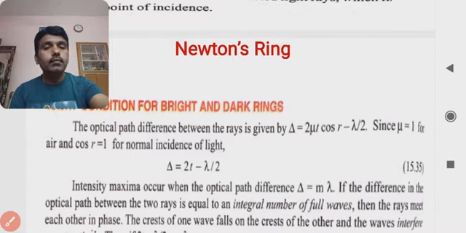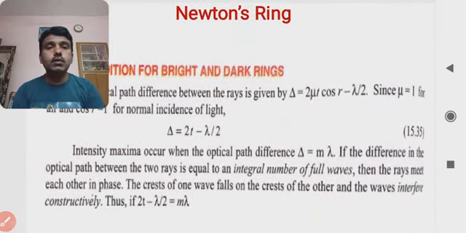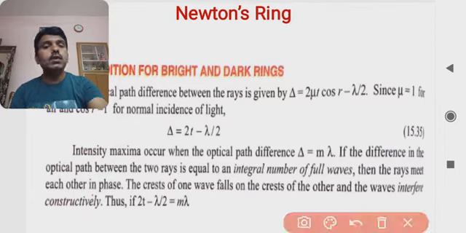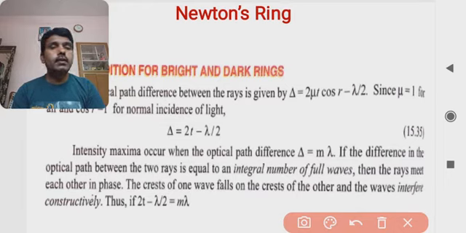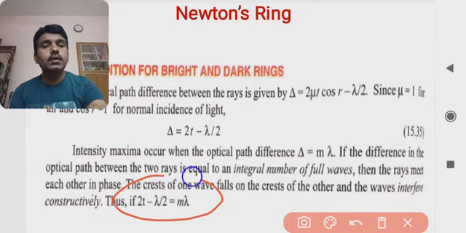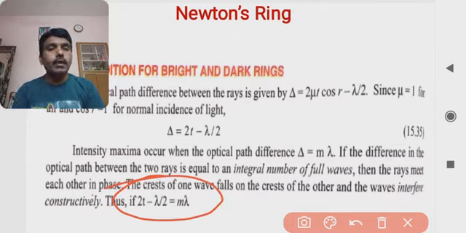And at that time the crest of one wave falls on the crest of another wave, and no doubt when the crest of one wave and the crest of another wave superimpose, then constructive interference takes place, and due to that a bright fringe is produced, as crest to crest or trough to trough superimposition gives constructive interference, which gives a bright point at that stage.